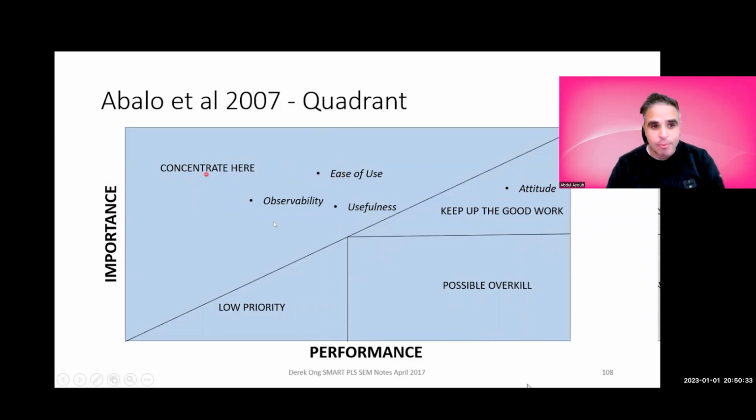This is the most important quadrant here. The variables that fall in this, like observability, usefulness, and ease of use maybe, are the most important to focus on, where we have high importance, low performance. They are very important variables, however, they are not performing as well. And now management has to take action and make them perform better.